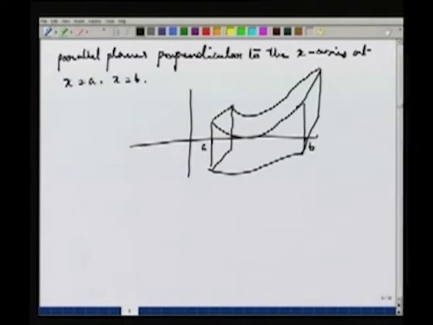So what I do is, I take a partition P first. P equals x0 less than x1 less than x2 and so on.